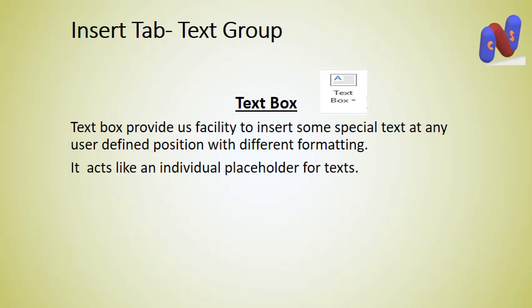Means if you want to insert text in an abnormal way, not in the traditional manner line by line, at a special place in your document, you can use a text box for typing special text and to format it in a different manner.